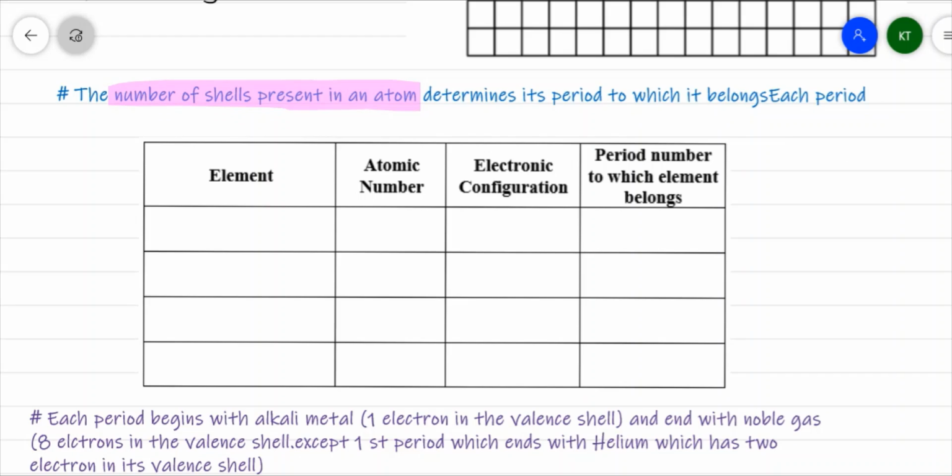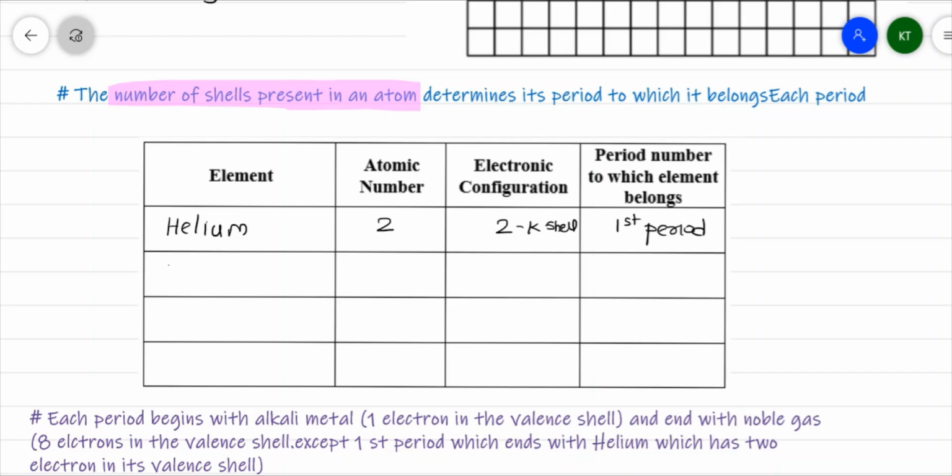Let me take an element like helium. Its atomic number is 2, and the electronic configuration is 2. How many shells does it have? Only one shell, the K shell. So it belongs to the first period.